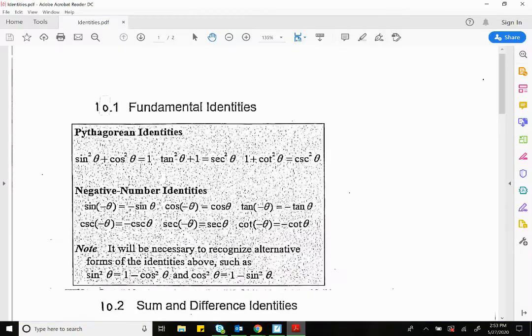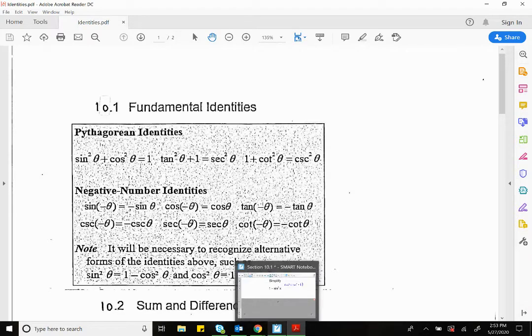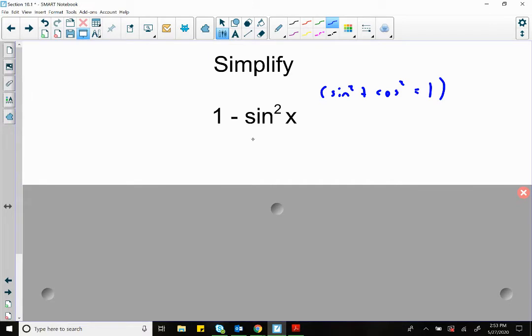And we can manipulate it. Look at this: 1 minus sine squared. What is it equal to? Cosine squared. That's simplifying. They wanted you to take this and replace it with cosine squared x. That's a simplified answer. That's what they're looking for.